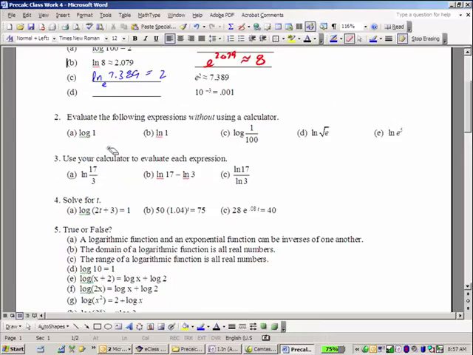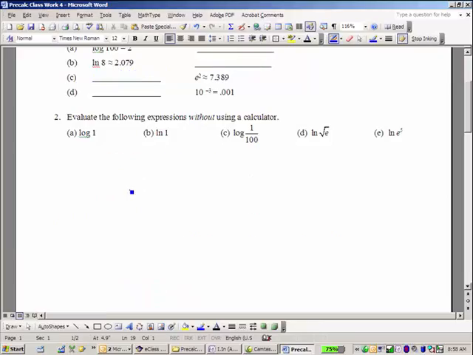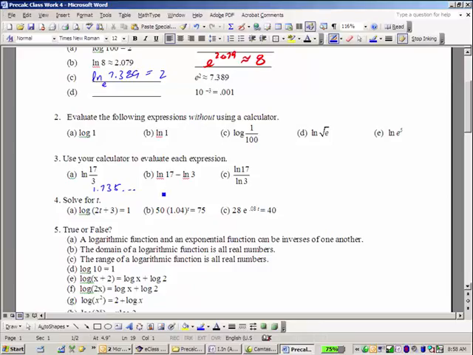The natural log of 17 divided by 3 is 1.73 dot 5 dot on and on. What about the natural log of 17 minus the natural log of 3?